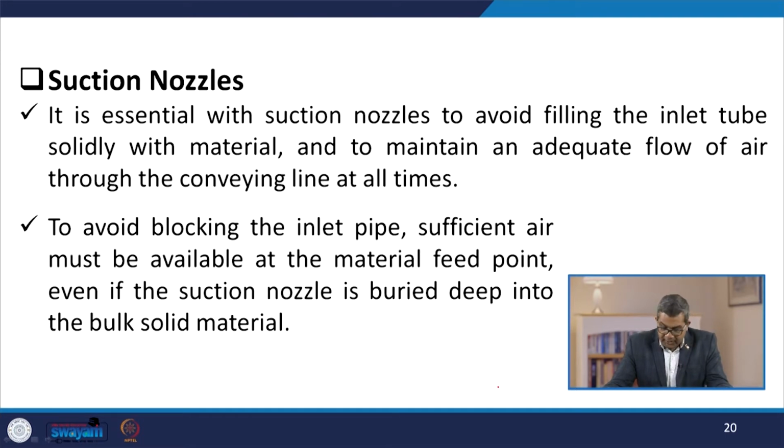Now, to avoid any kind of blockage, which is a very common phenomenon, sufficient air must be available at the material feed point. Even if the suction nozzle is buried deep in the bulk solid material, the vacuum offloading system must be able to operate continuously with the nozzle buried in the material at all times in order to maximize the material flow rate.